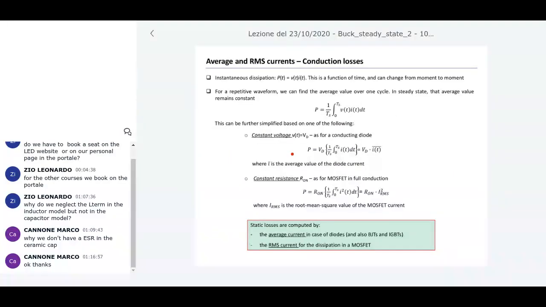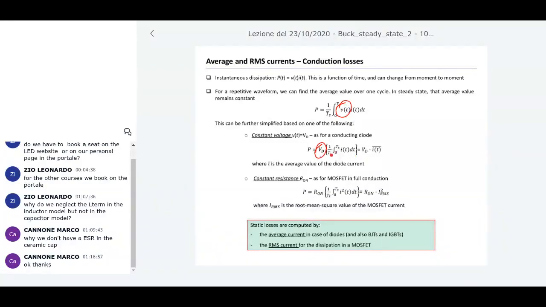For a constant voltage, this expression for the power can be approximated as follows. V now is a constant, and since it is a constant it can be extracted from the integral, Vd for example.